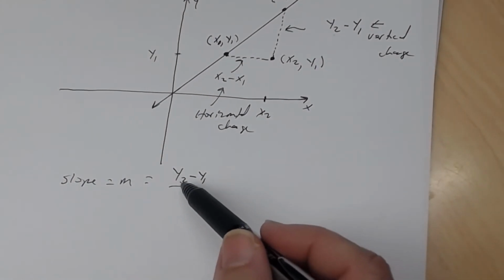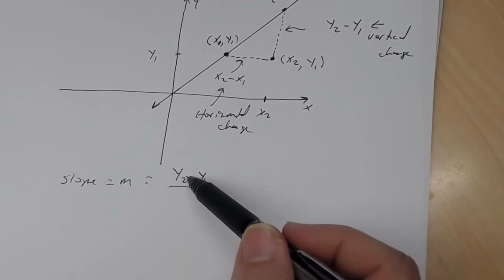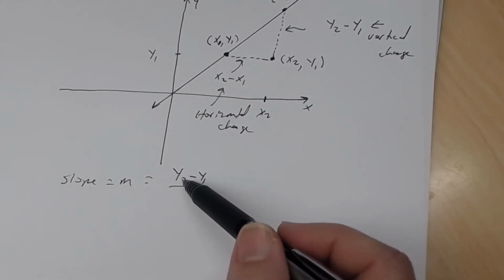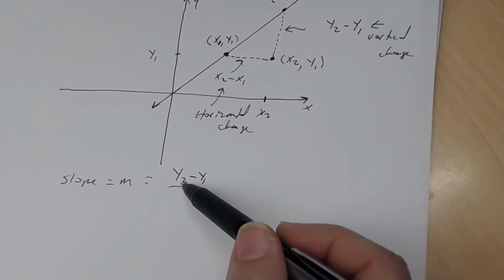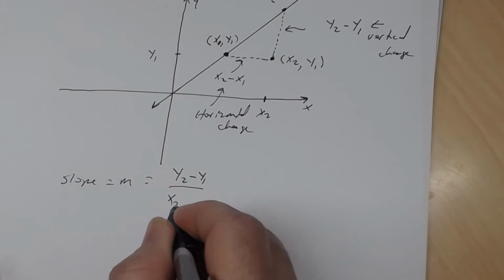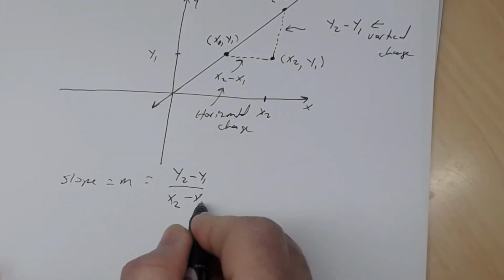So in the numerator, you're going to subtract your y coordinates. You're going to say y2 subtract y1, but since I started with y2, I have to start with x2. So x2 subtract x1.